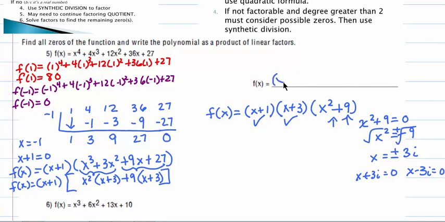So my factors in factored form is x plus 1 times x plus 3 times x minus 3i times x plus 3i. My degree is 4. I have 4 factors here.